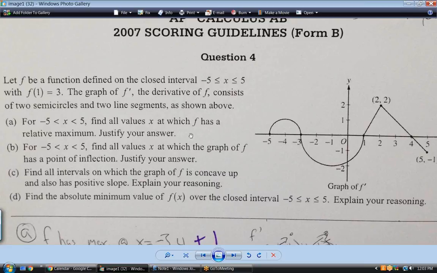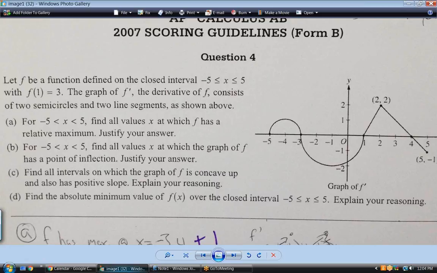Well, first of all, which points are we going to look at as possible contenders? Would it be the x-intercepts? Yeah, -5, -3, 1, and 4.